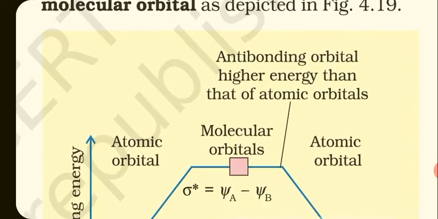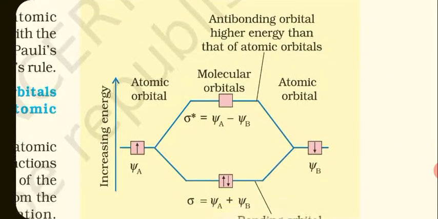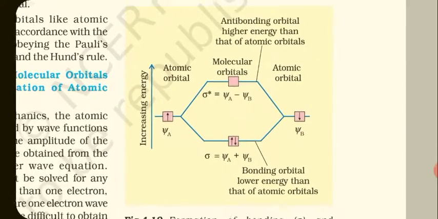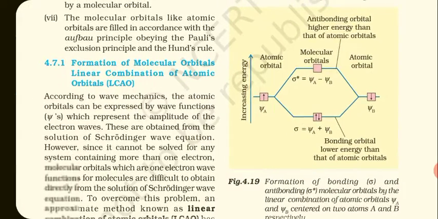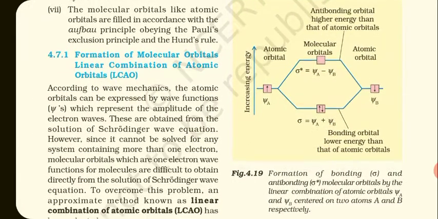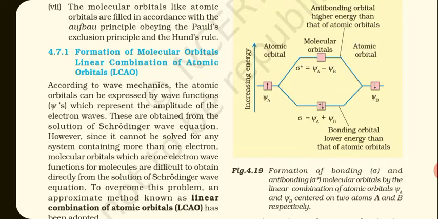As you can see in figure 4.19, on the right hand side with yellow color, the formation of bonding sigma and anti-bonding sigma star molecular orbitals by the linear combination of atomic orbitals psi A and psi B centered on two atoms A and B respectively.